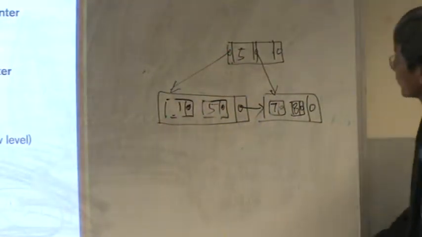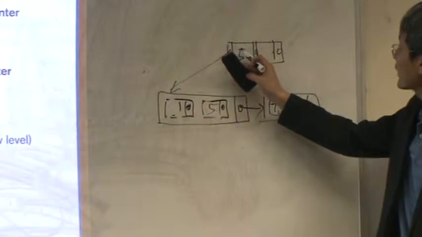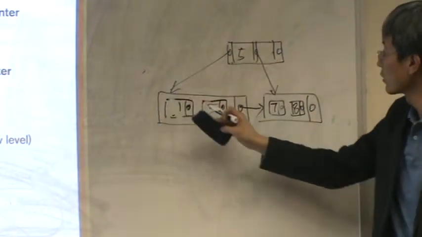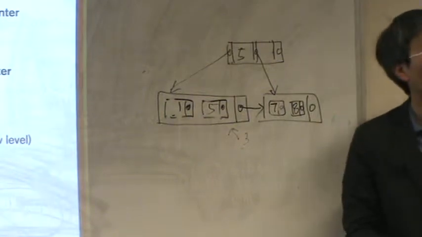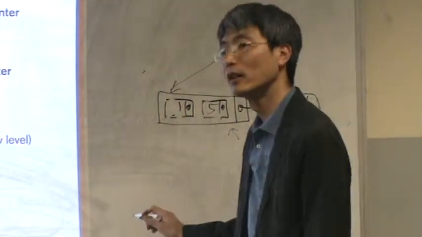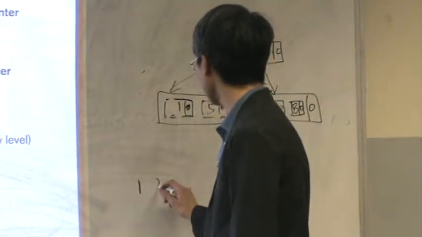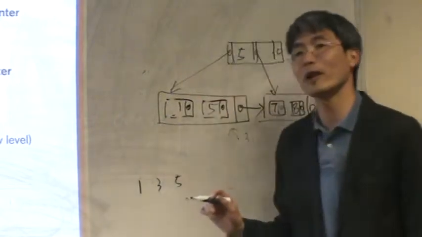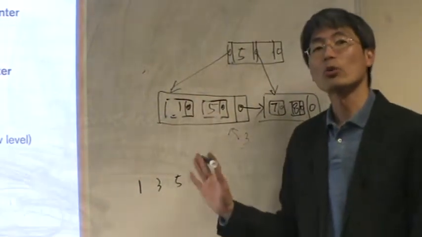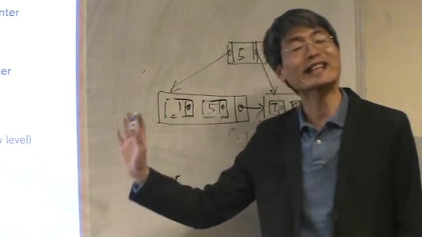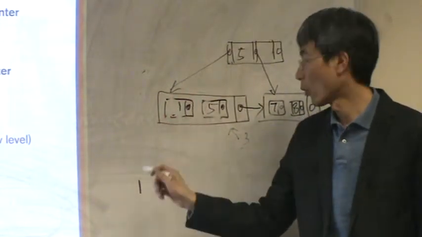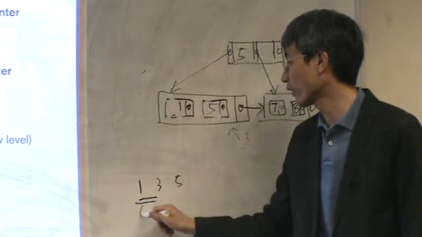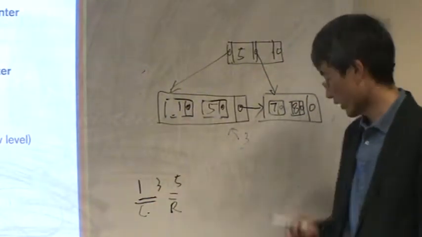So 3, equal or less than 5, goes to the left leaf node. So there's a full leaf node. What happens? Split. 1, 3, 5. Which one is the middle value? 3. So each index key entry equal or less goes to the left hand side. 1 and 3 go to the left hand side, the other to the right hand side.